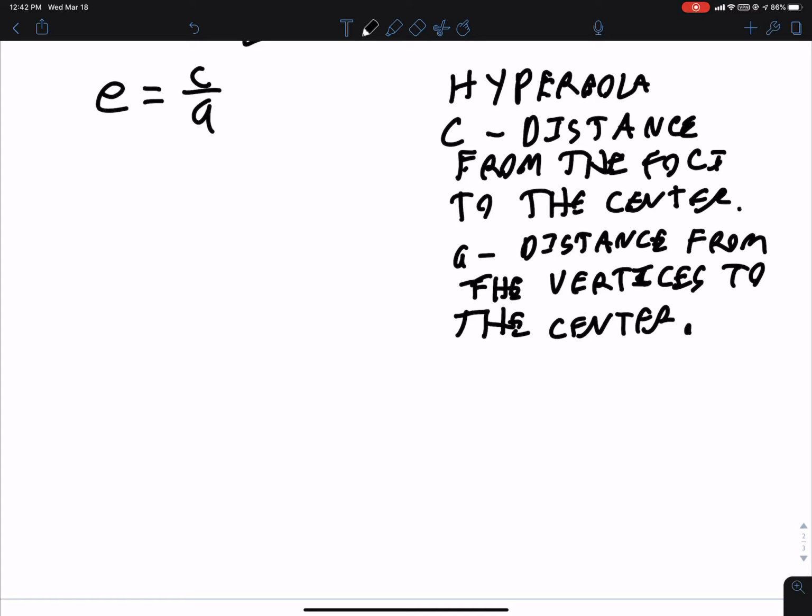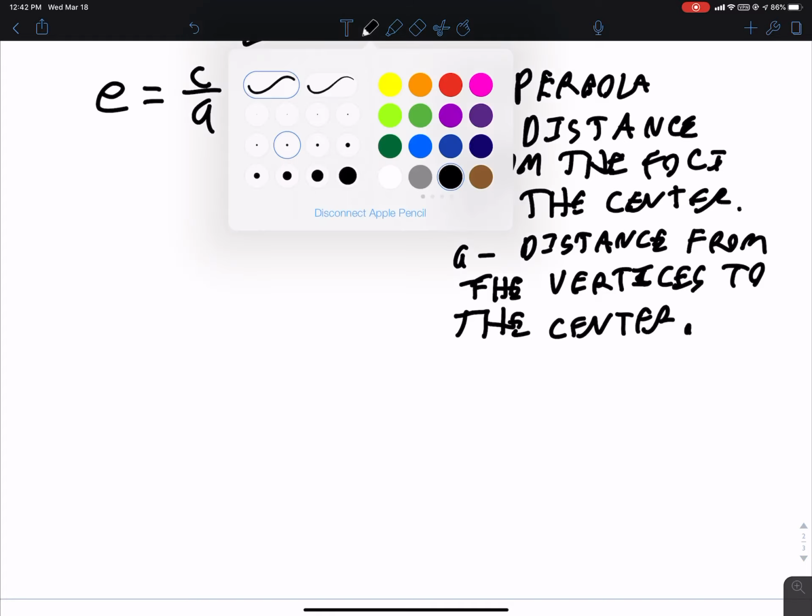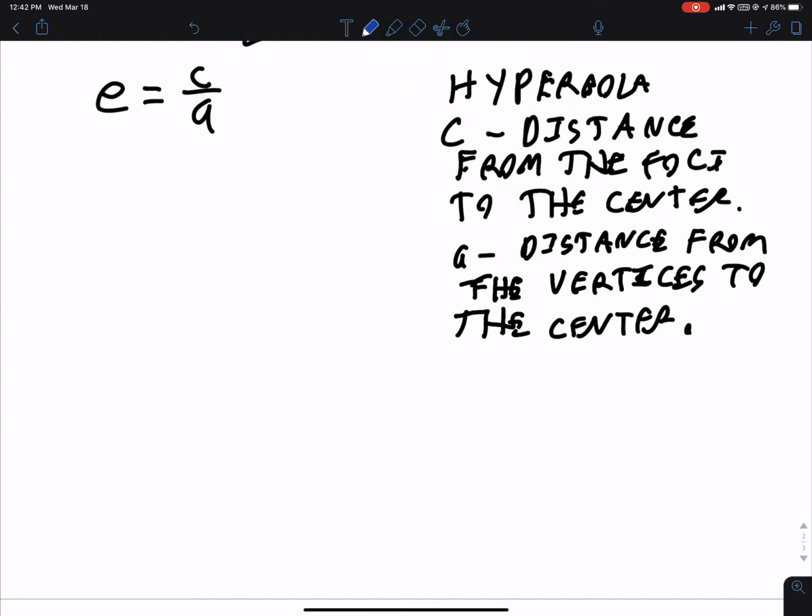So let's do a couple example problems. Suppose I had a hyperbola equation. I'll change the center just to make it different. Doesn't change anything really.